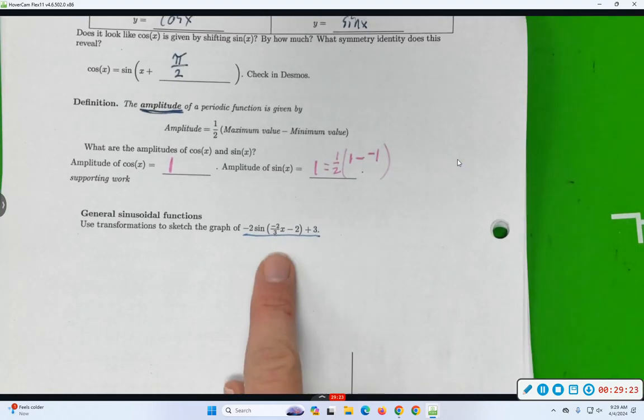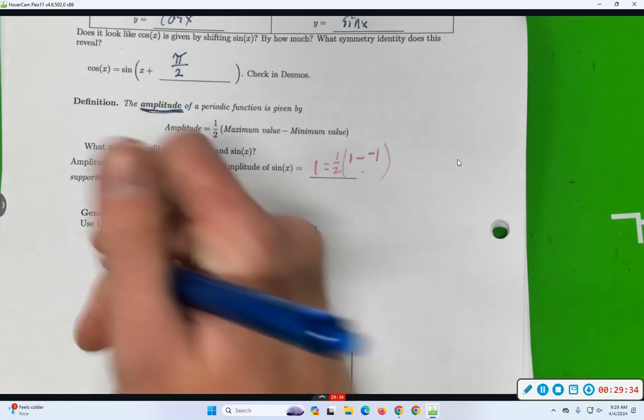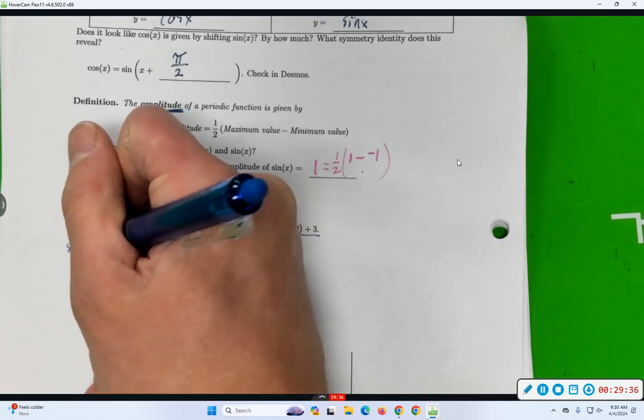So, that doesn't look like a hard function to graph, does it? That looks like a function you already know how the graph should look. It's just a matter of remembering what order you're supposed to deal with these ingredients in. So, let's start with the graph of sine of x. I know what that looks like.